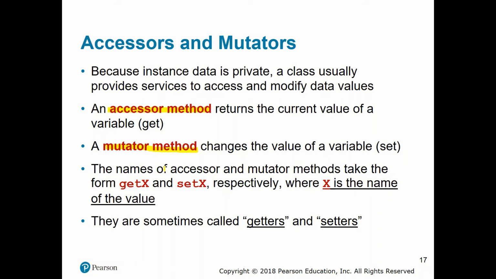The names of accessor and mutator methods take the form getX and setX, where X is the name of the value. So here, X should be replaced with the variable name. They are sometimes called getters and setters. I will explain this using examples.